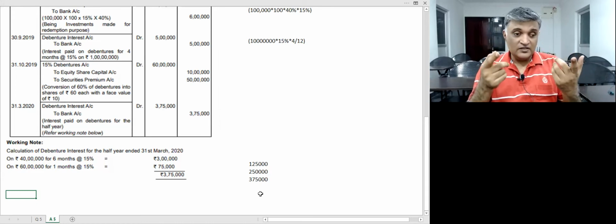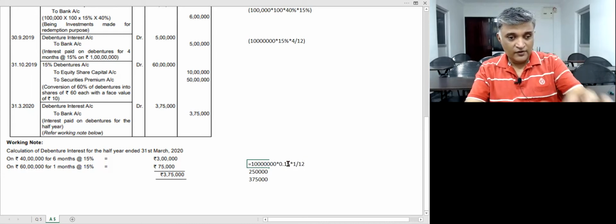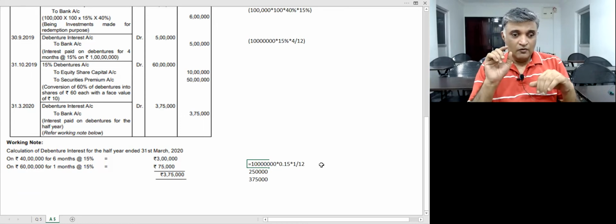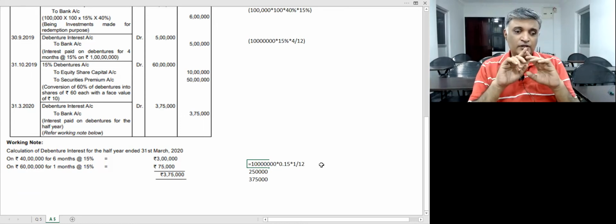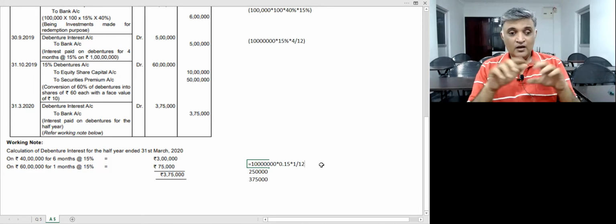I can also arrive at the same number in a different pattern. Look at this. First, for the entire month of October, you calculate 1 month interest for the 100 lakh debentures: 100 lakhs into 15% into 1/12.